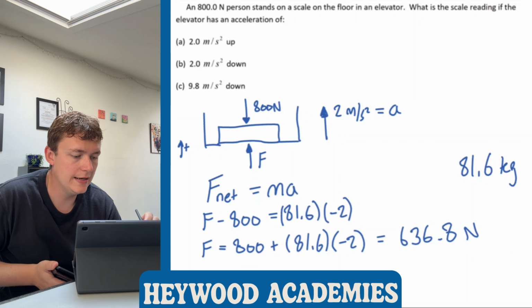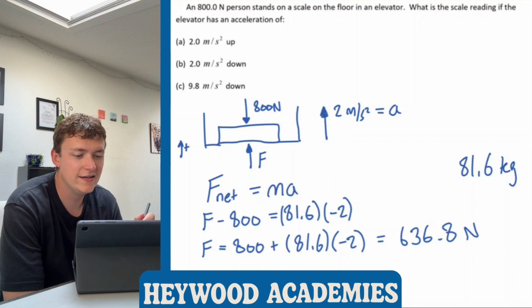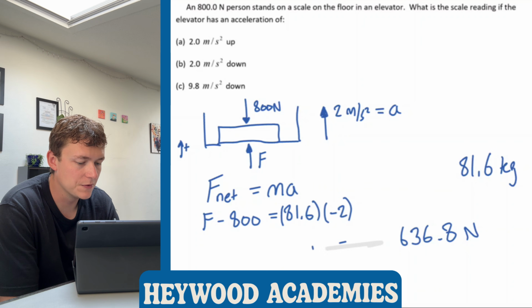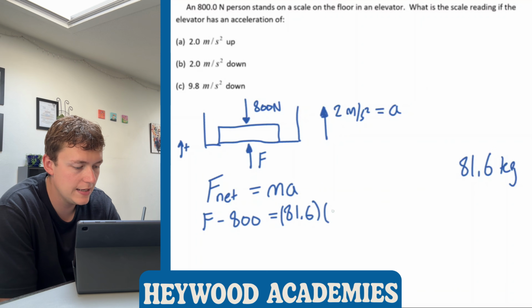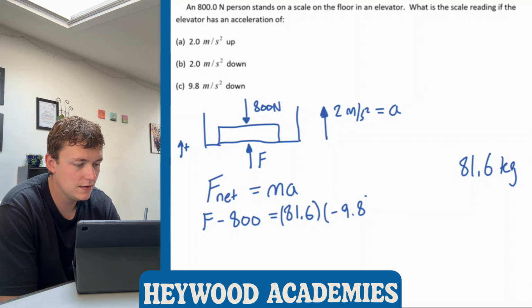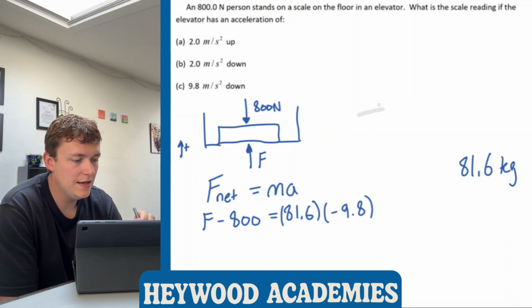Now the very last one is we're going down at exactly 9.8 meters per second squared. So let's see how that will change things. We're going to get a bit of a weird result here, but we'll plug it in and we'll see what we get. So now everything's the same, but our acceleration is negative 9.8.